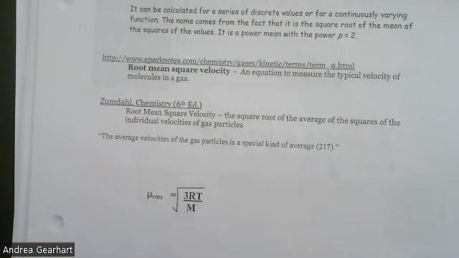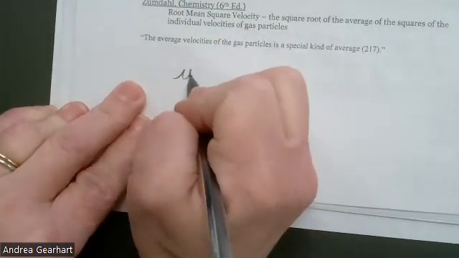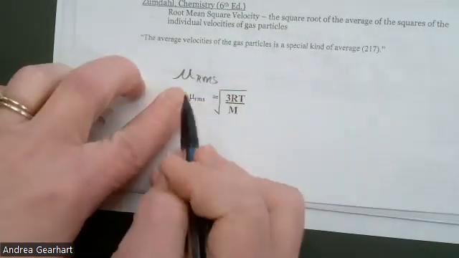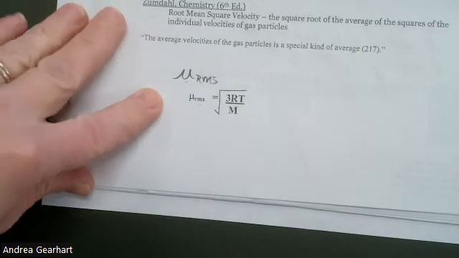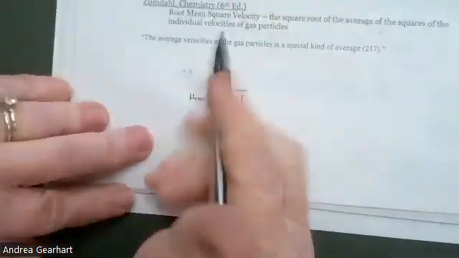What we're doing is we're taking the square root of averages. That's all. You can look at this. It's mu, root mean square velocity, or you can call it cursive V. Totally fine with me.